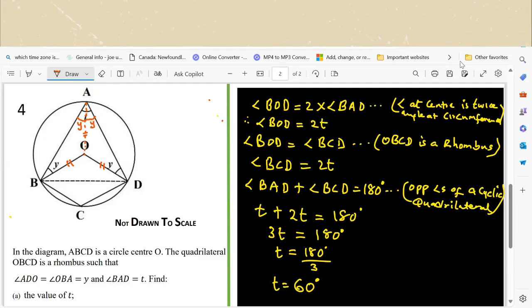Okay. So we have seen from that diagram, for the B part, let's label it appropriately.